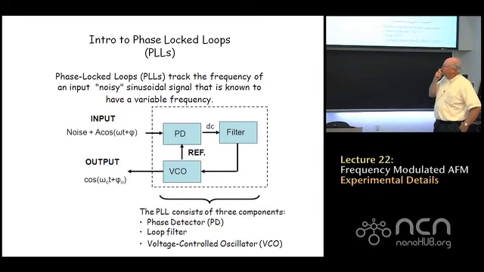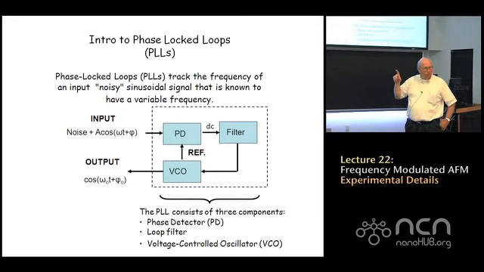It involves three components. Very briefly, it involves a phase detector, which is labeled P sub D. This phase detector compares a reference frequency from a voltage-controlled oscillator to your input frequency, and it produces a DC output that's proportional to the phase difference between those two signals.